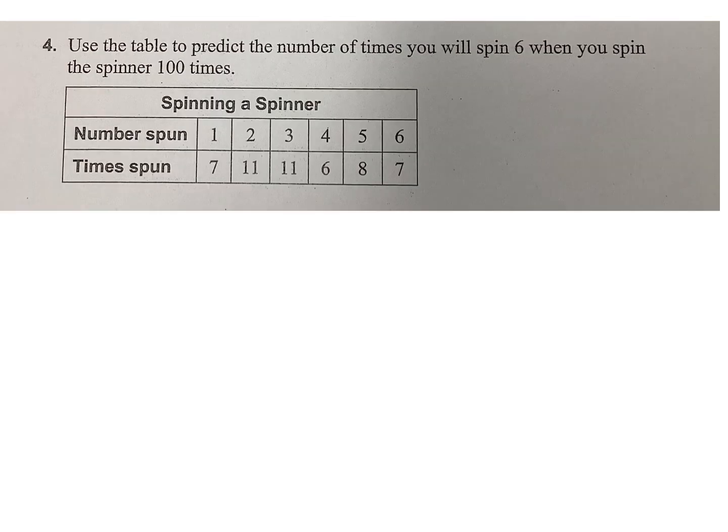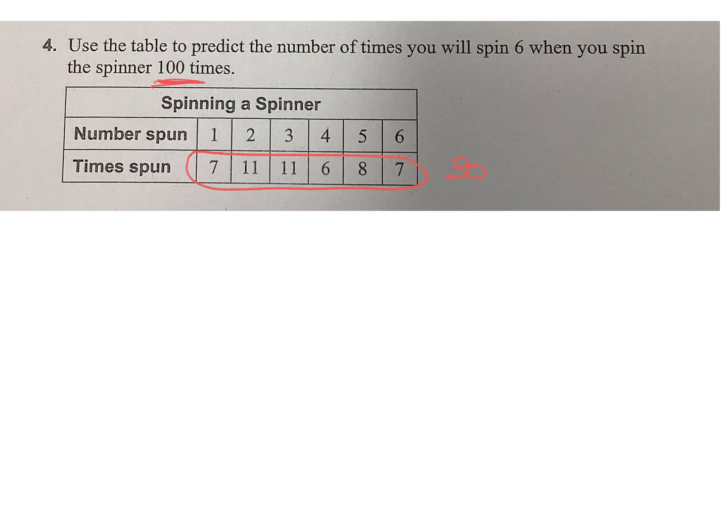Number 4, use the table to predict the number of times you will spin a 6 once you spin the spinner 100 times. Well, let's see how many times we originally spun it. So 7 plus 11 plus 11 plus 6 plus 8 plus 7, that gives me 50 spins.